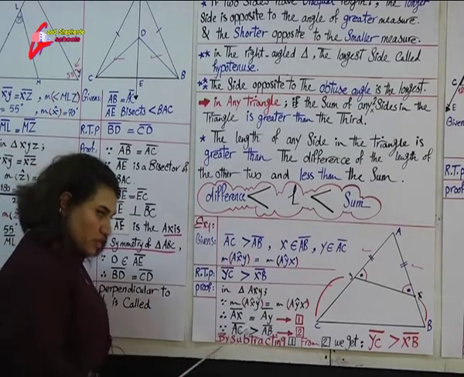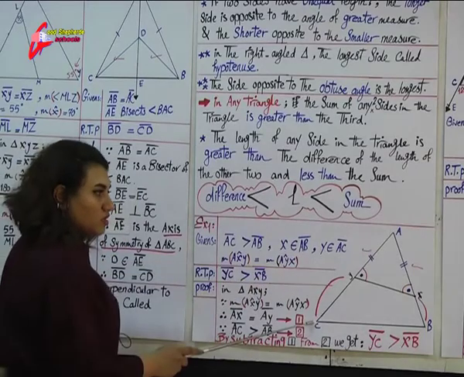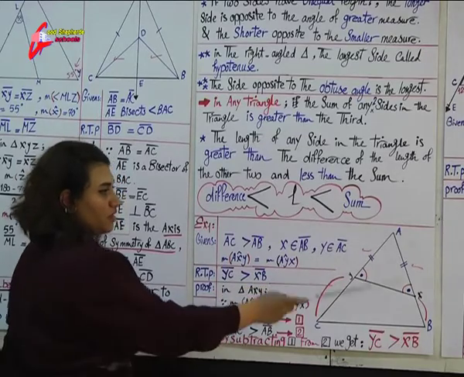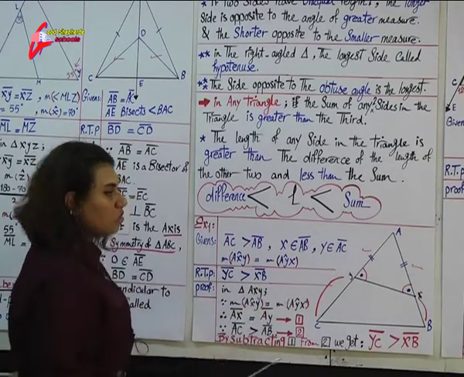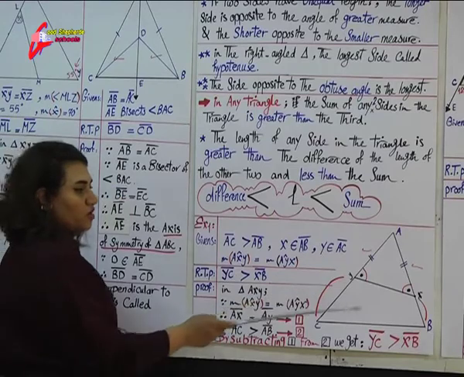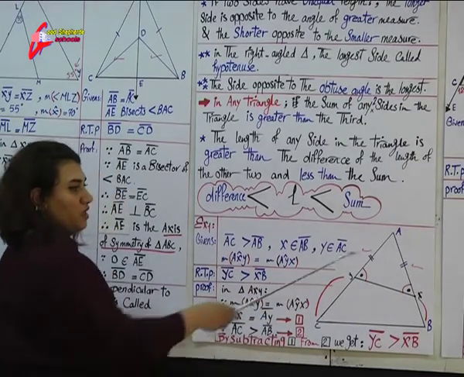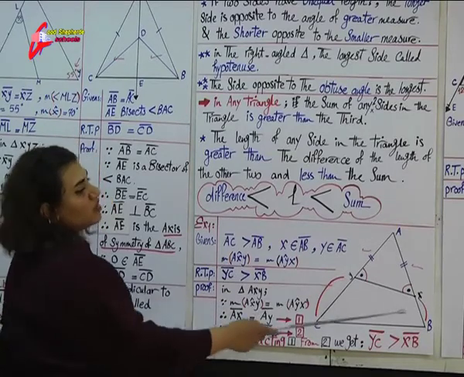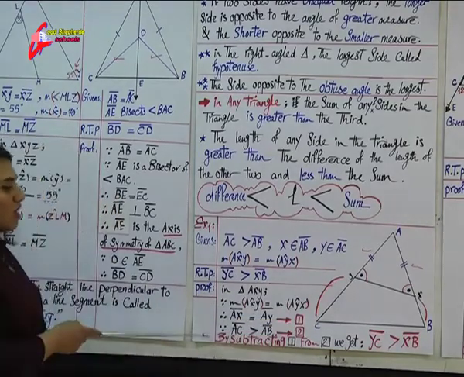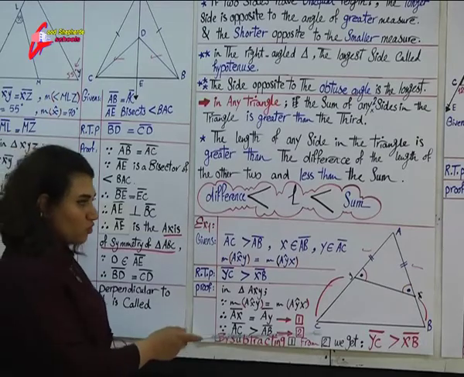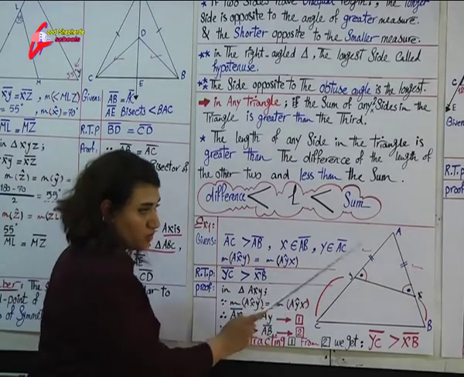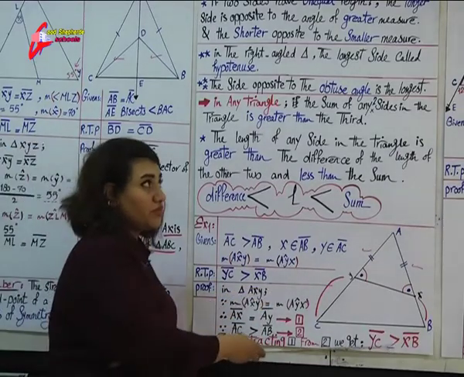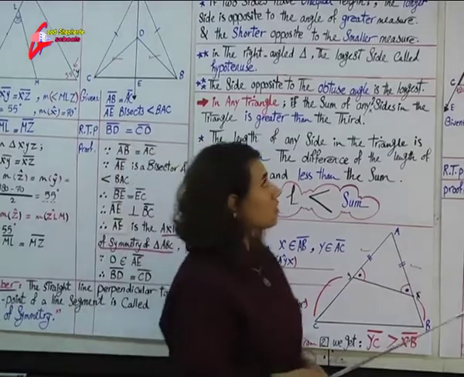Number 2, it's already given that all of AC is greater than AB. If AC is greater than AB and two parts of them are equal, then the small part remaining, if we subtract 1 from 2, subtracting the equal part from the whole, you will find that YC is greater than XB.